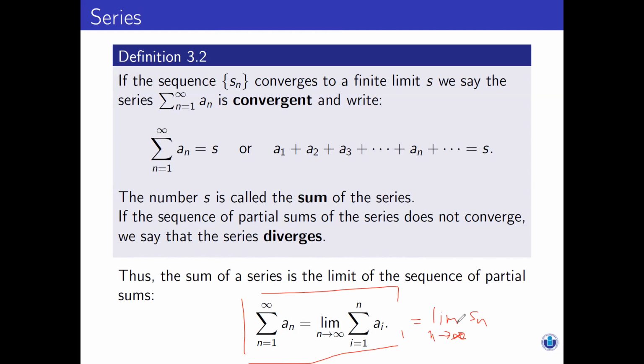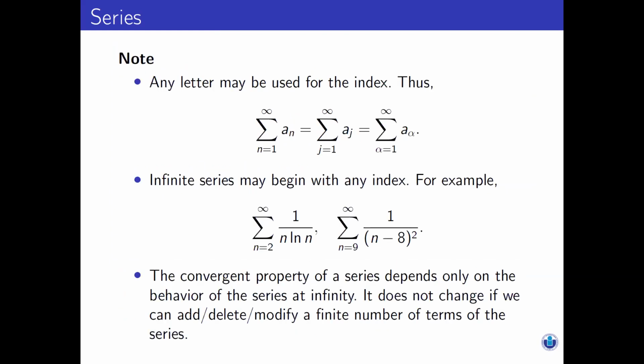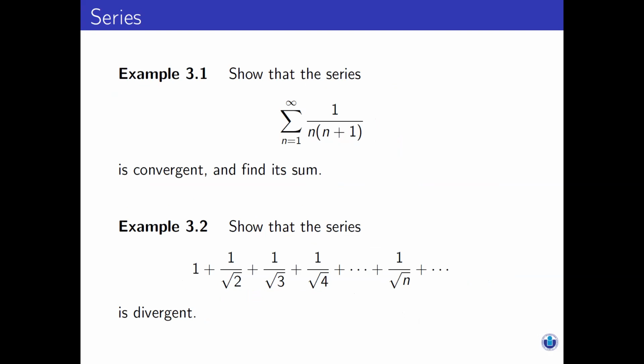So let me give you a couple of examples. Why don't you try this? And then we have more examples later on. So try to evaluate this series. Now the index is i.